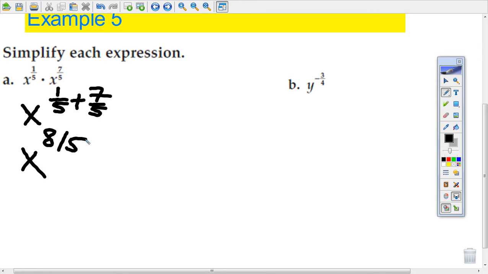Am I done? Any other ideas? Just making it rational. Okay, so here are the two questions to ask. Is the exponent positive? Yeah.